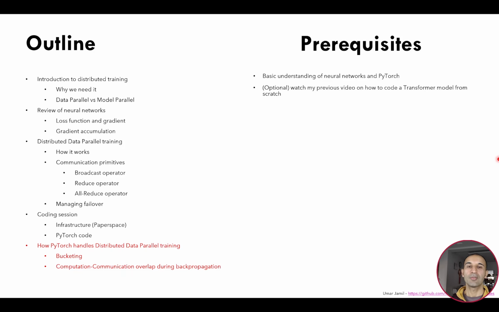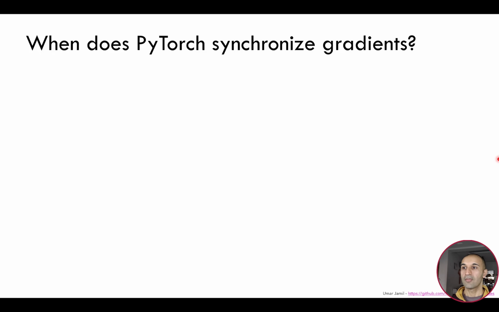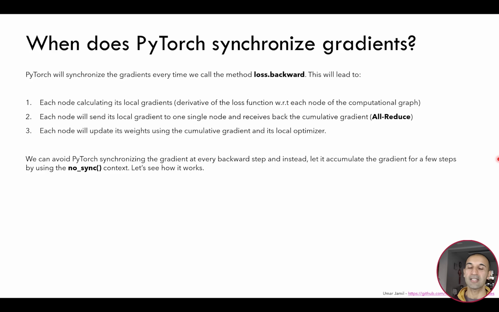Okay, now let's look at how distributed parallel training, so DistributedDataParallel, was integrated into PyTorch, because there are some clever design choices in it to make it very fast. Let's review them. So first of all, when does PyTorch synchronize the gradients? This happens when we call loss.backward, because this leads to each node calculating its local gradient, which is the derivative of the loss function with respect to each node in the computation graph.